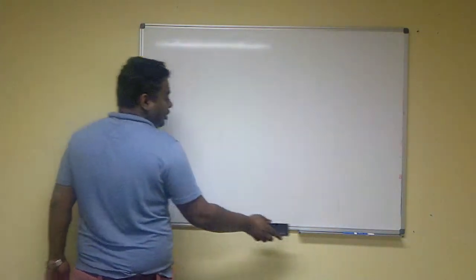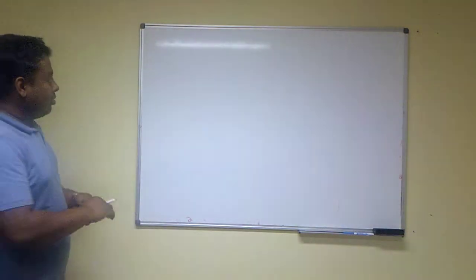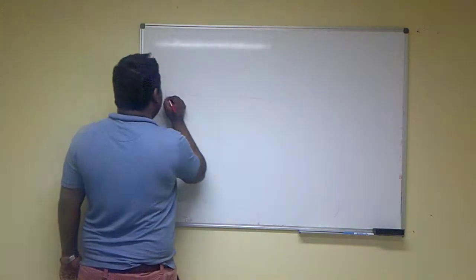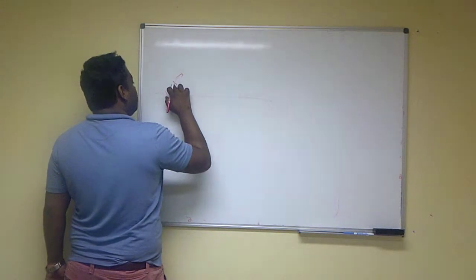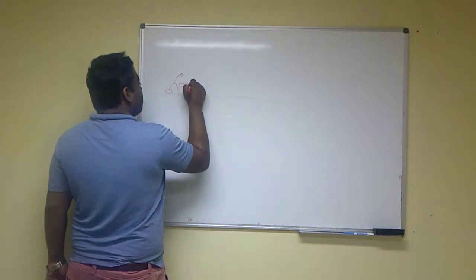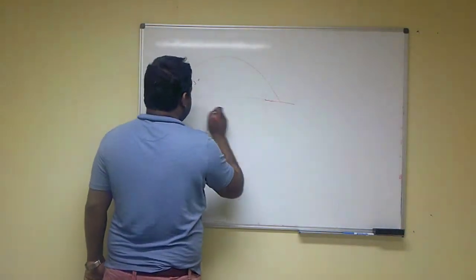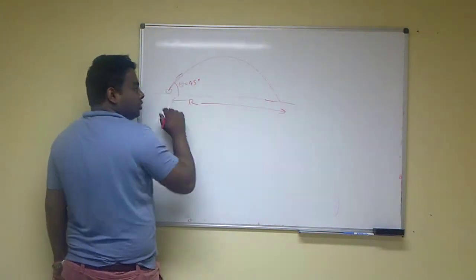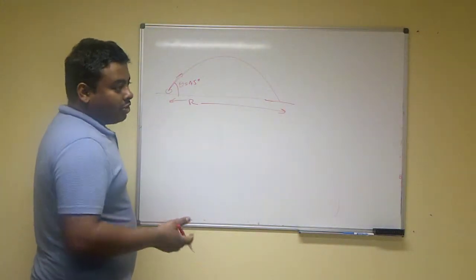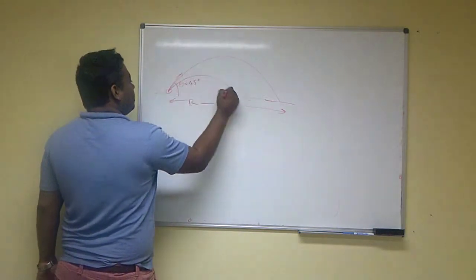Okay, so let's see. The first problem is basically this: if you have thrown something at theta equal to 45-degree angle, it covers a certain range. Then you have thrown the same ball, or a different ball, because in kinematics the mass does not matter, at another theta angle.